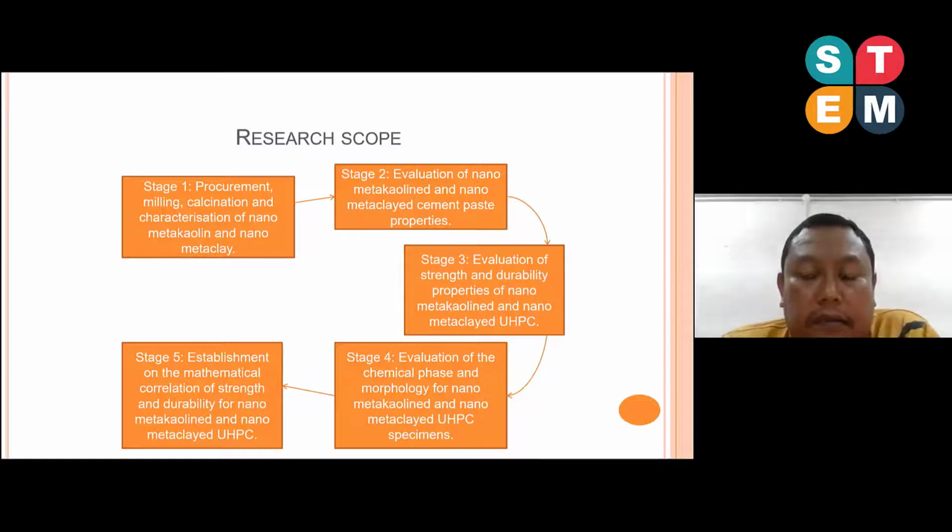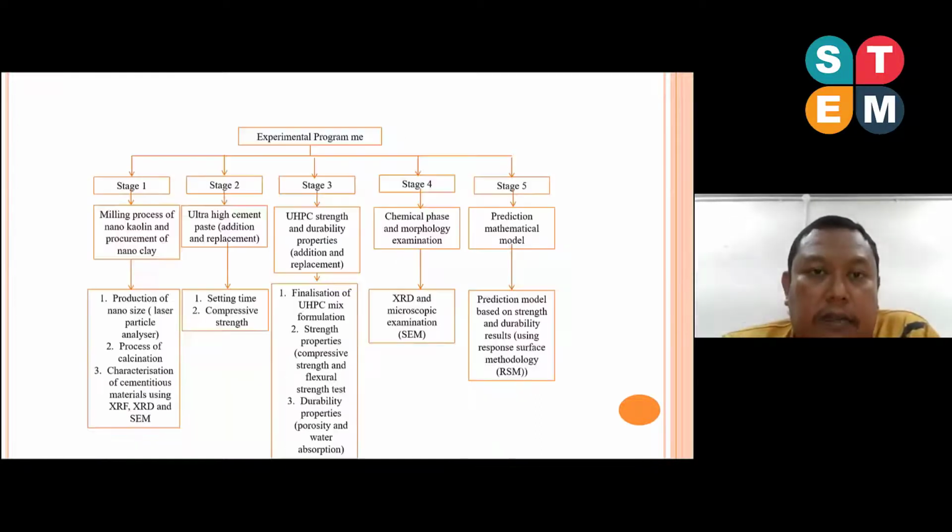Basically, this research was completed in 2016 and is now in the process of being applied in industry. For this meeting, I will focus on stage 1 and stage 2, which focus on cement paste instead of concrete. Okay, right, so this is the experimental program.